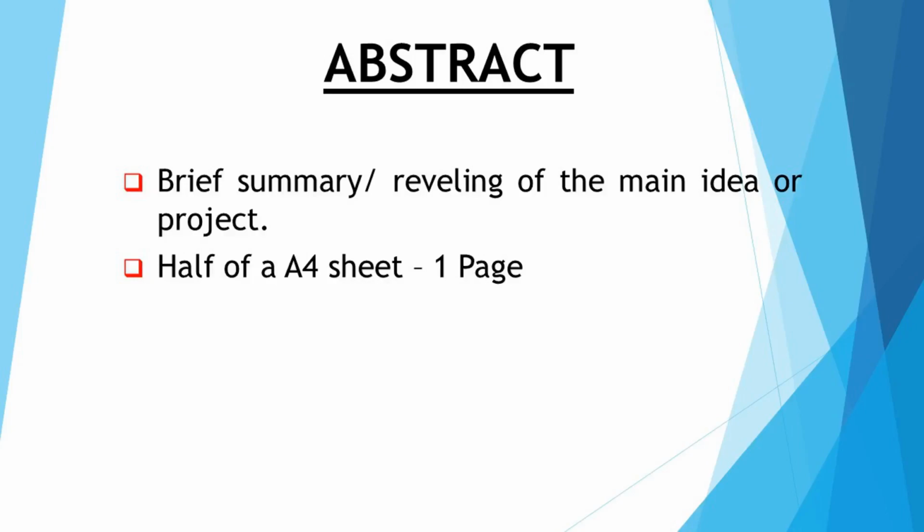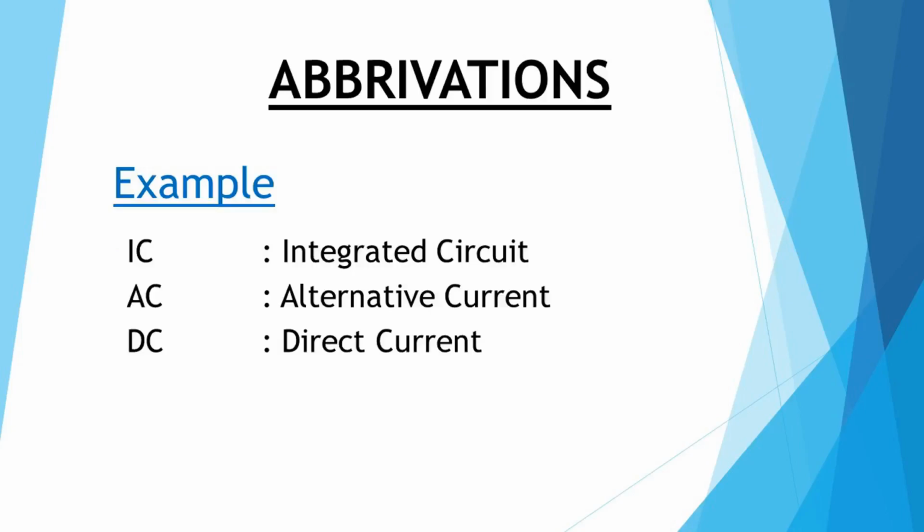So after the abstract, you have to put a list of abbreviations. List of abbreviations means you have to write all the technical terms in short forms. If you are an engineering student, you know what the technical forms are.